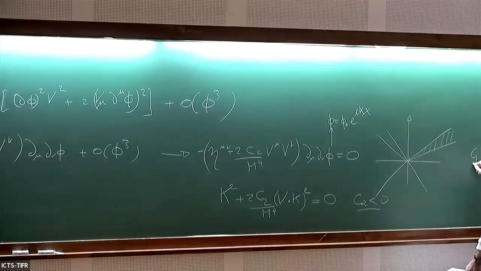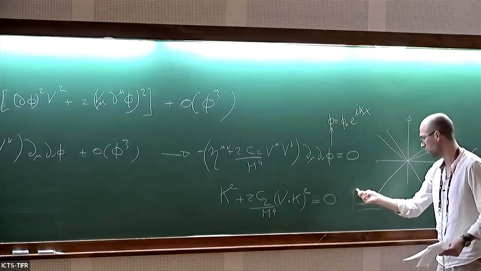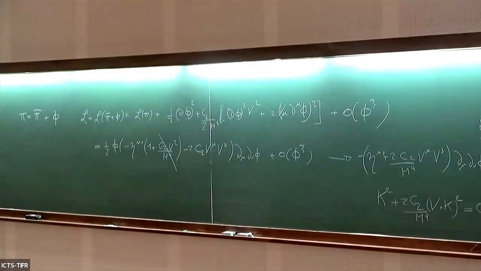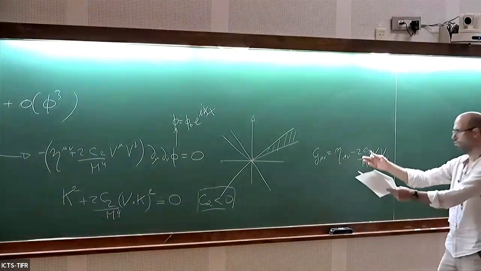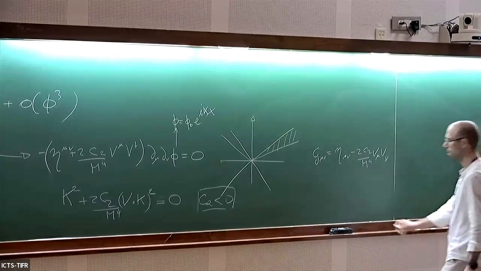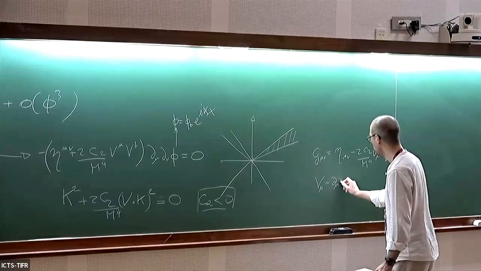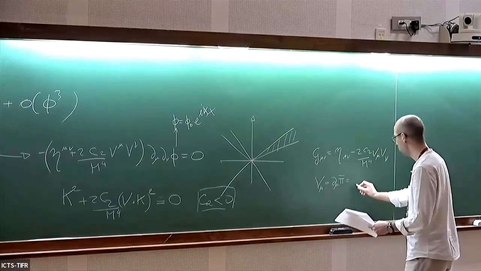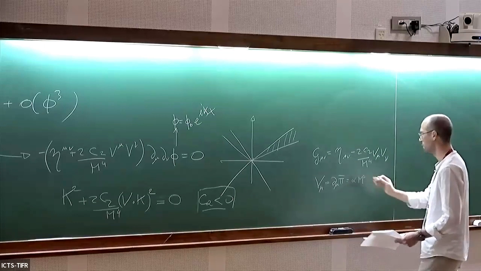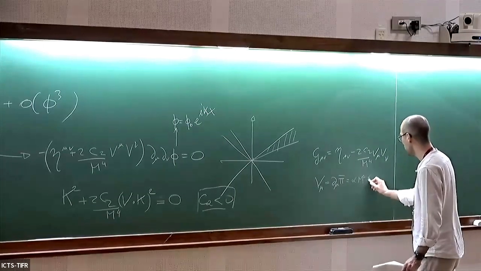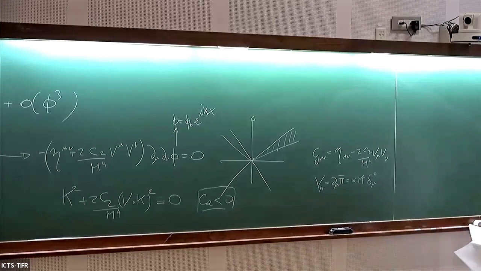So the effective metric with lower indices is going to be eta mu nu minus 2 C2 over m to the fourth v mu v nu. This is a true fact, you can check it: when C2 is negative, you're broadening the light cone, but I want to do it explicitly. So let's take v mu time-like. For example, let's take d mu pi bar to be some number, in units of mass squared, pointing in the time direction.